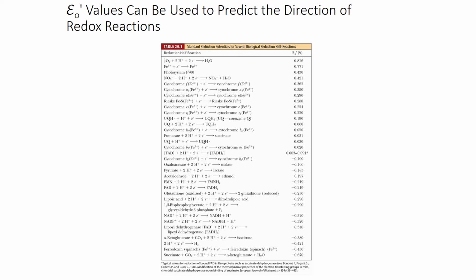So these are strong oxidizing agents and will be reduced. These are strong reducing agents, and will be oxidized. At this point, we're going to take a break and work some redox problems, and then we'll continue on by looking at the complexes in the electron transport chain.